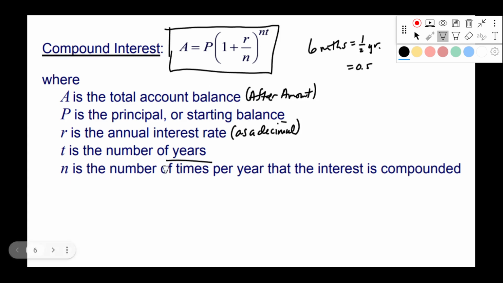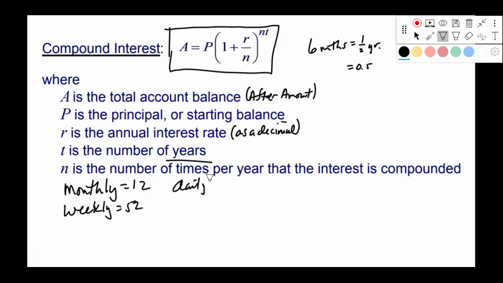And n is the number of times per year that the interest is compounded. There's a lot of different ways to do this. You can compound monthly, which would be 12, or weekly, which would be 52. There's 52 weeks in a year. There's 12 months in a year. Daily would be 365, or 366 on a leap year.